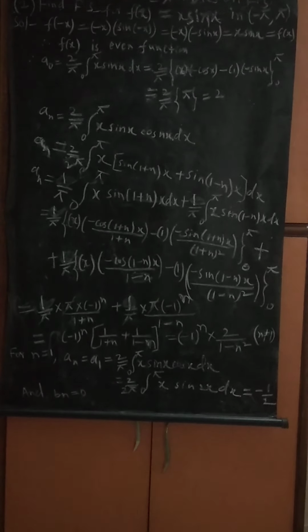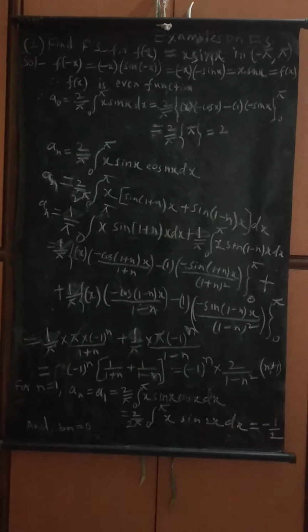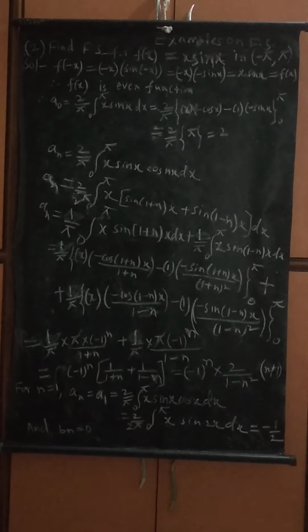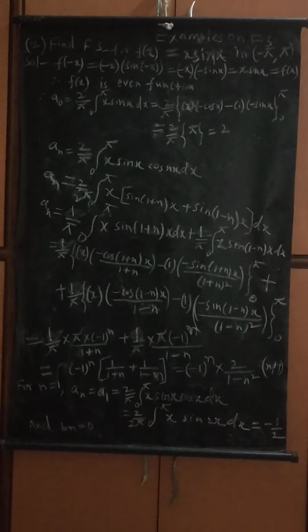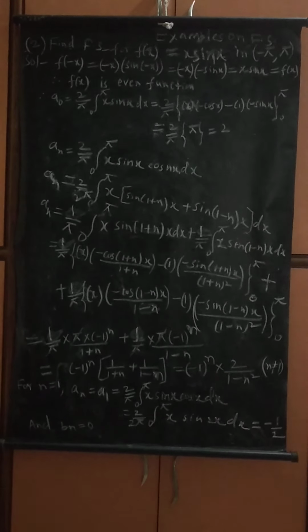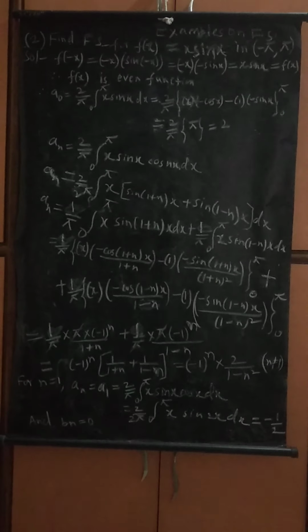For both the integrations, we use our generalized by parts rule, and by that rule we are having an is equal to 1 upon pi, x into minus cos of (1 plus n)x divided by 1 plus n, minus 1 into minus sin of (1 plus n)x divided by (1 plus n) bracket square.